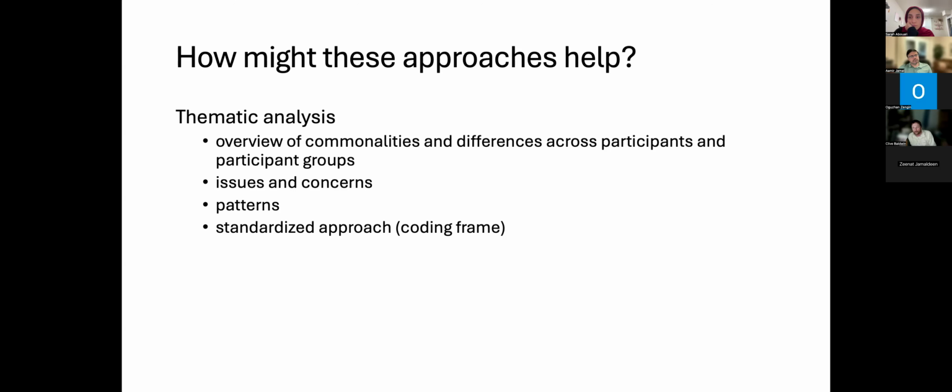You're going to find out how people understand masculinity and the plural of masculinities, what forms of each of those there are, what the concerns and the challenges and hindrances to gender justice work are across the board, within country and across countries. Yeah, so thematic analysis strikes me as a very strong contender for the project.